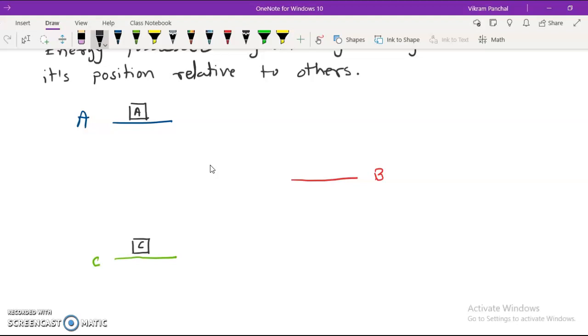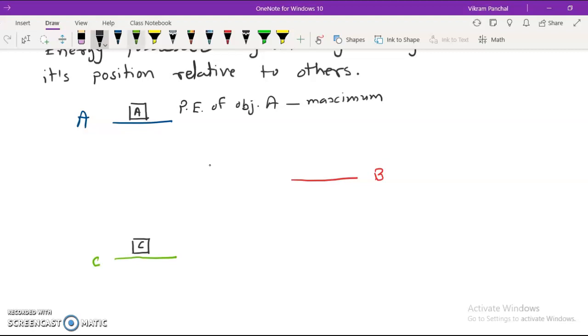Now A level is the highest level, and therefore the potential energy of object A will be maximum. Why? Because it is at a certain position, a certain height with reference to ground level. Okay.